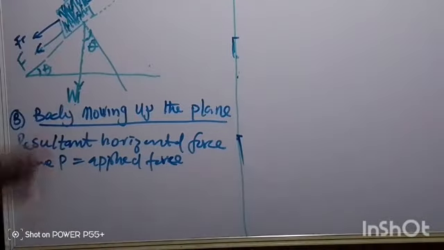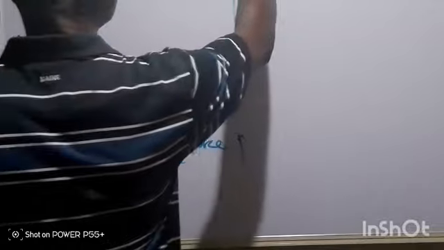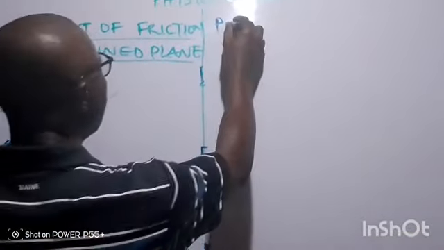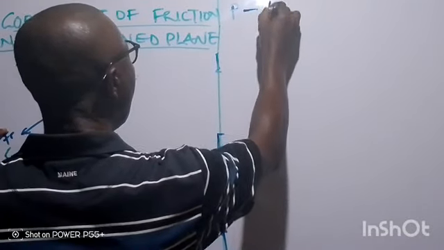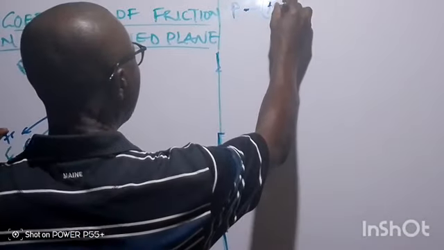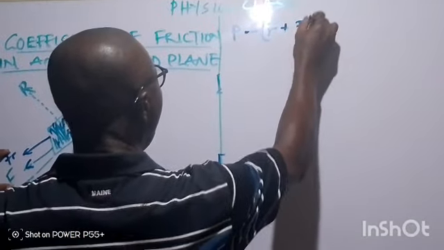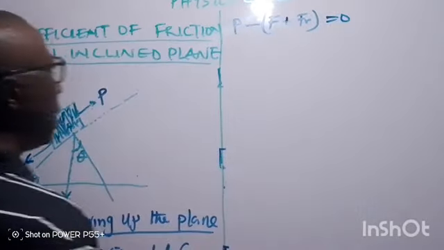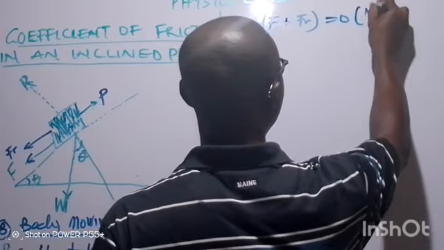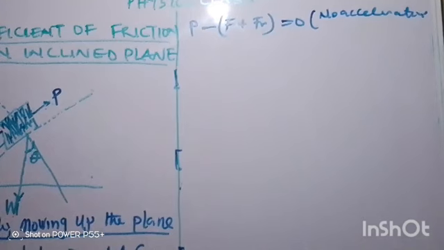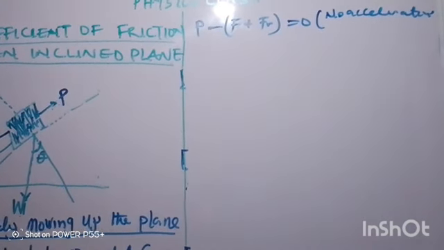So if we now consider the three forces on the board, we are going to have P minus F plus Fr equal to 0. That is when there is no acceleration, when it's just to pull it up to overcome the static friction only.